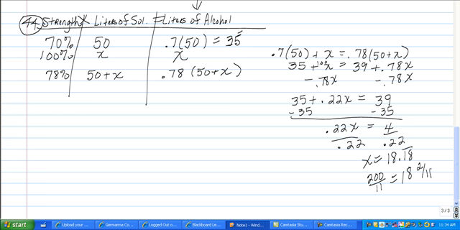So liters for either of these answers. Okay, the book is giving it in this form. All right, so that was a pretty big problem. It actually took up a whole page.